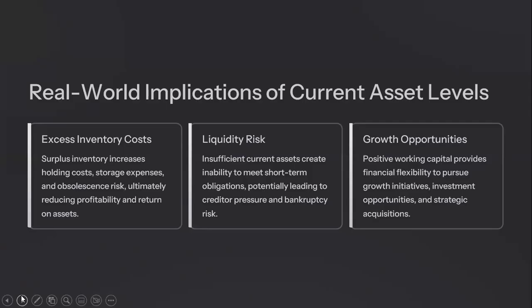Now, what is the real world impact? If I have surplus inventory, it will have an impact: I have an extra burden of management because I need to take care that it is not spoiled. Secondly, funds are locked and it will create an issue about space. Third, it is always risky because people will start misusing it, and there will be more spoilage than normal.